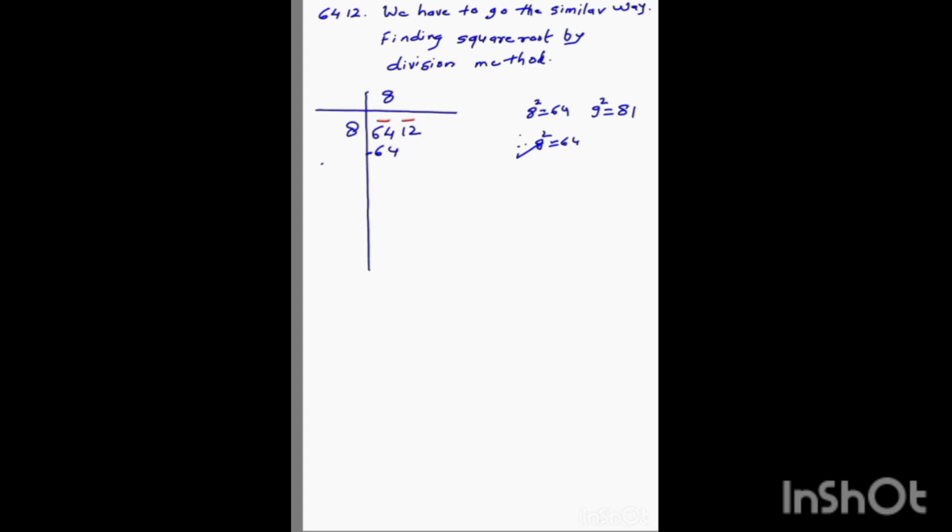Then we bring down the whole block under the bar, in this case 12. This is your procedure: multiply 8 by 2, you get 16. Then on the right hand side, take 16 and 1 into 1 is 161. Now in this case your job is over, as you are getting a number which is greater than 12.